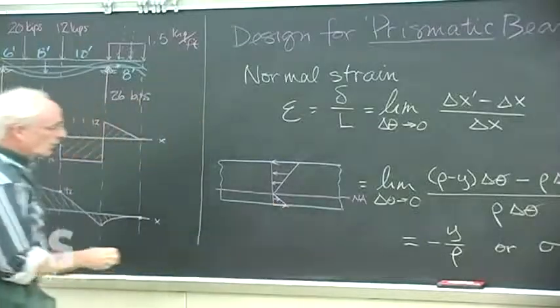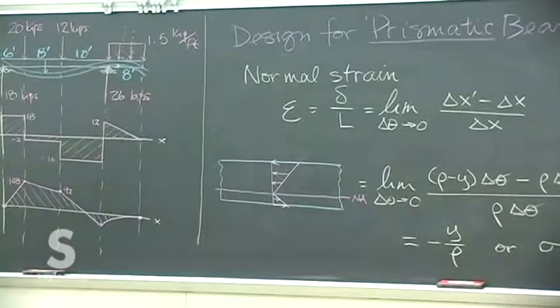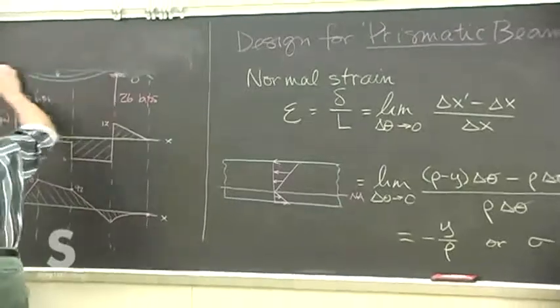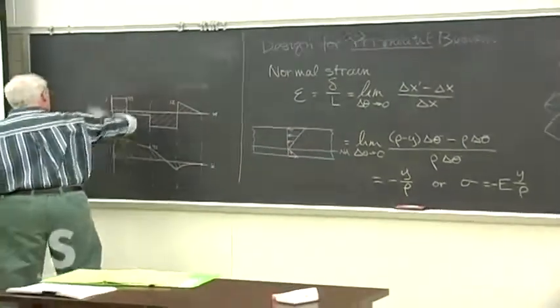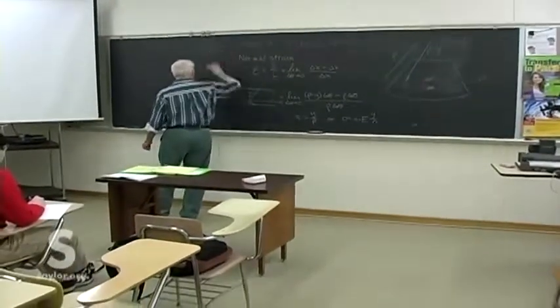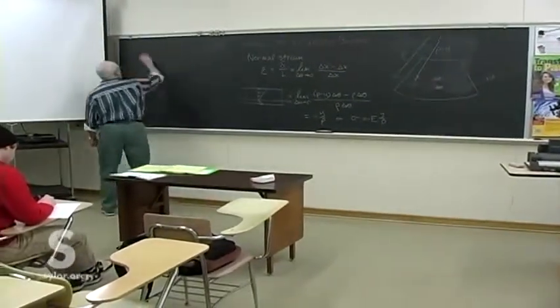So that's one way we could draw that distribution. The only trouble is we just don't know where the neutral axis is yet. But, much to our relief, it couldn't be much simpler than linear.